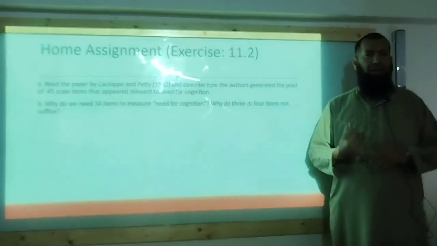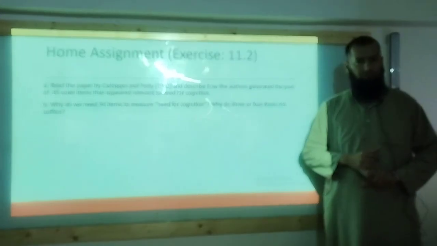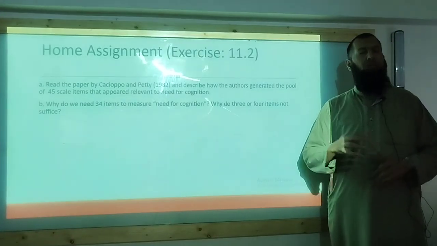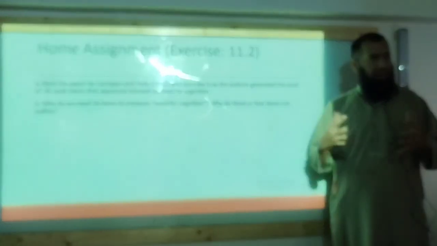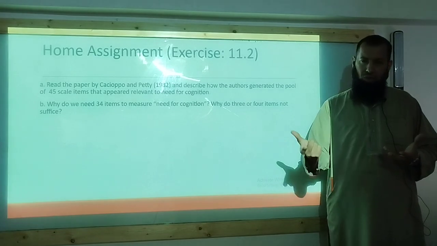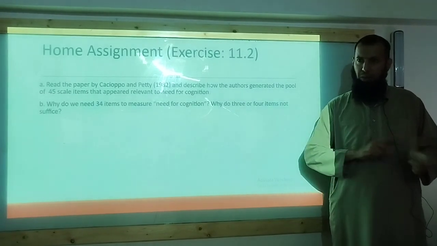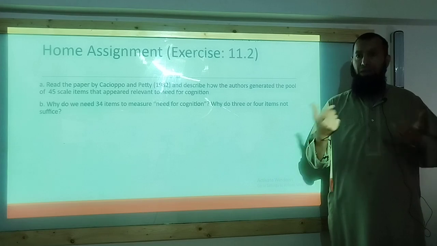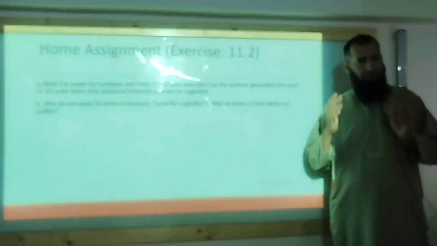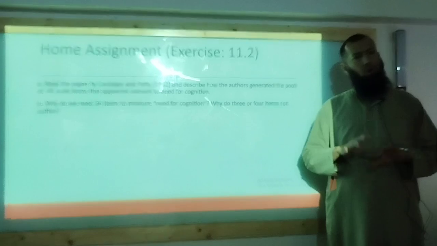It is highly recommended that you include all the dimensions of any variable, because if you do not include them, you do not get the proper data. Like I already mentioned about motivation, if I do not ask you about intrinsic motivation questions, then how can you measure motivation completely? So when you measure the concept comprehensively, you need to include all the dimensions.